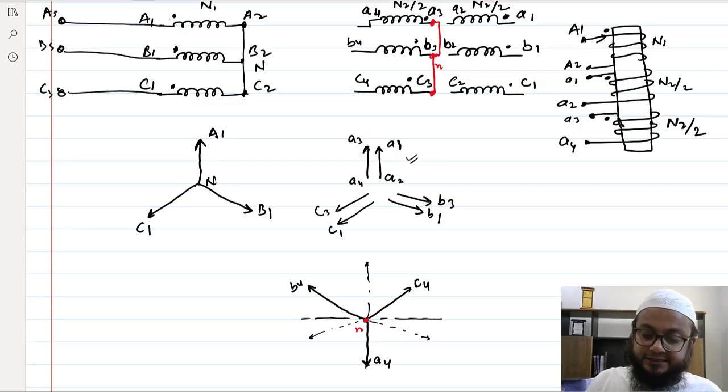And I am using this winding, the winding A2, A1 for the other combinations. Let's see. So if I am using winding A1 here, okay, so this is A1 here, and similarly for this.